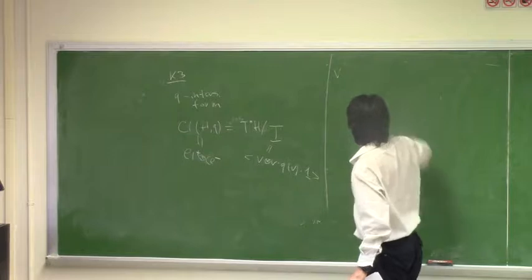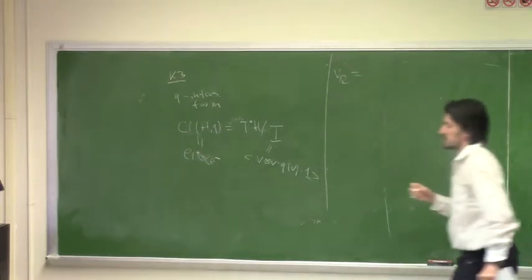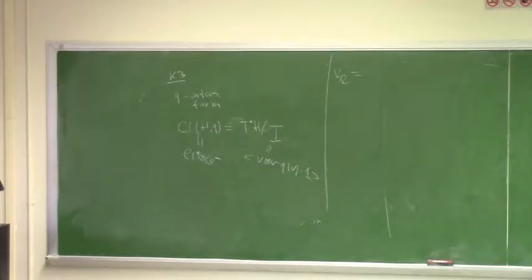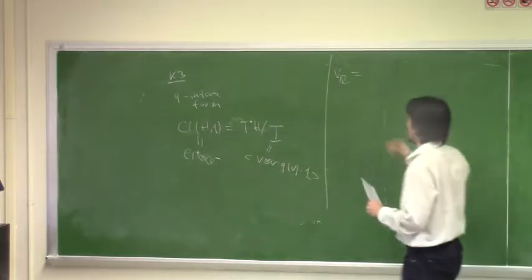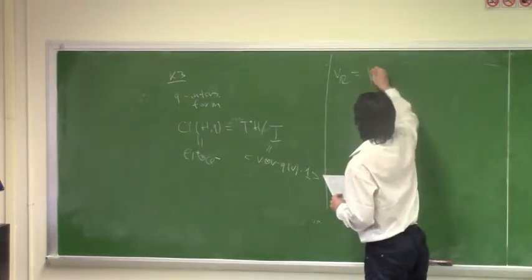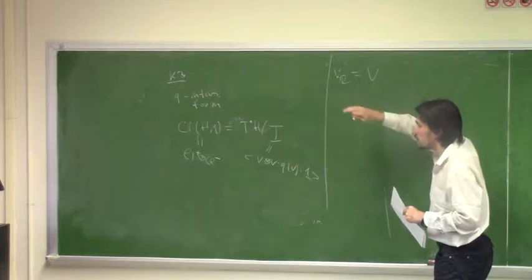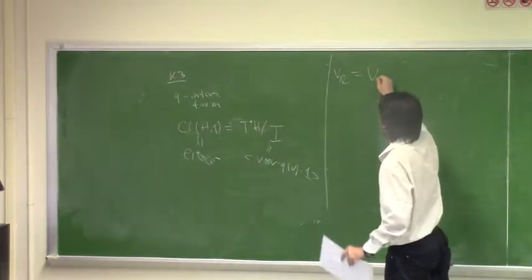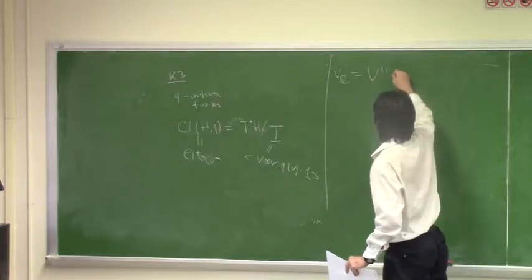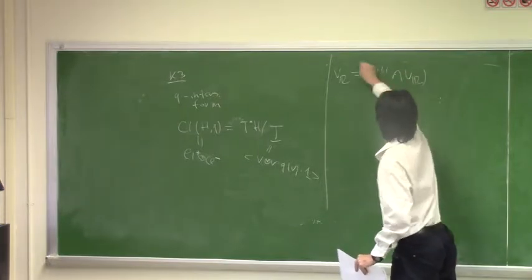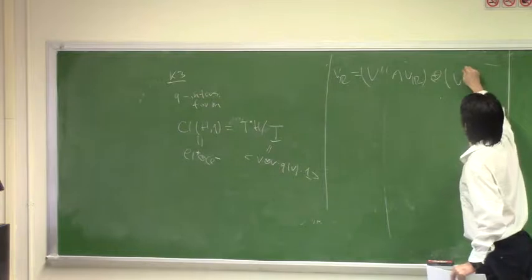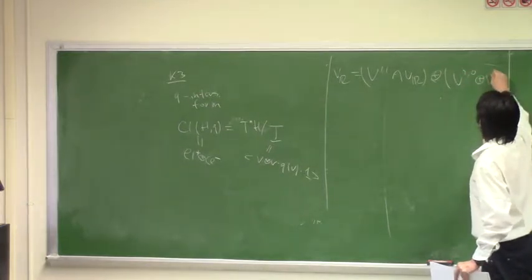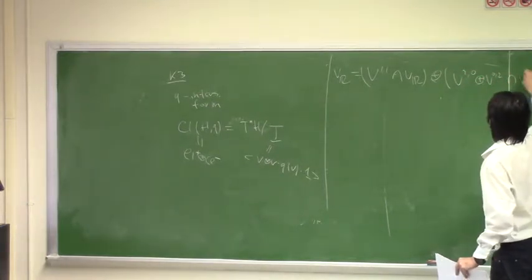Let us consider V_R, the intersection of our decomposition with V_R. We have a natural decomposition: V_R is the intersection of V^{1,1} with V_R, plus the intersection of V^{2,0} plus V^{0,2} with V_R.